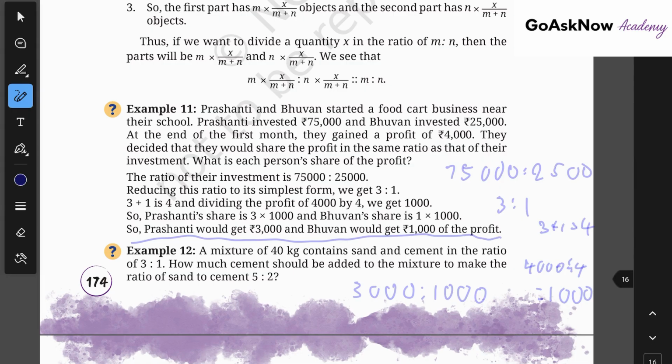Example 12. A mixture of 40 kilograms contains sand and cement in the ratio of 3:1. How much cement would be added to the mixture to make the ratio of sand to cement 5:2?